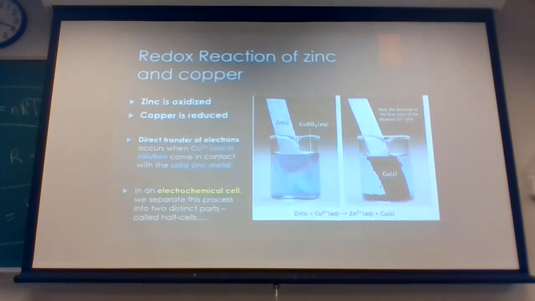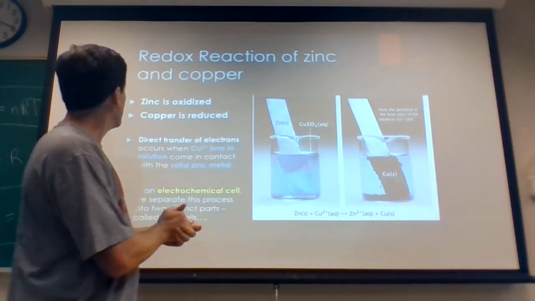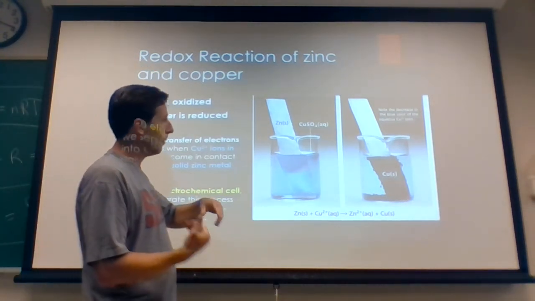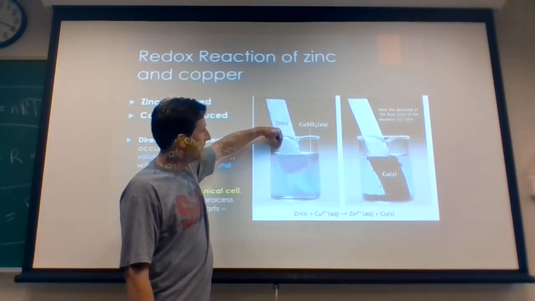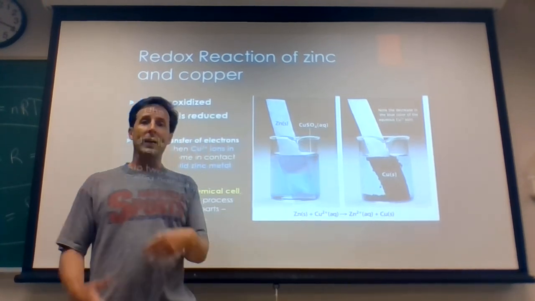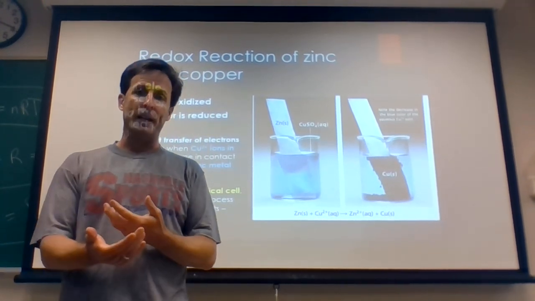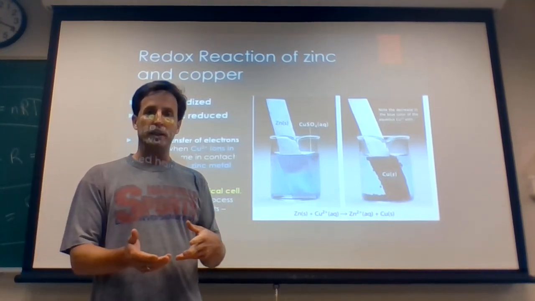Okay, so when we have a redox reaction, there are several different ways we can do this. So first of all, an example, if I take a piece of zinc metal and stick it down into a solution that contains copper sulfate, what can happen then is a single replacement reaction. Single replacement reactions are almost always going to be redox reactions.